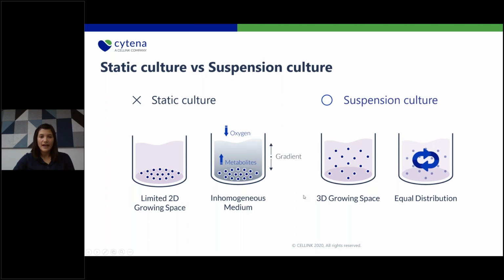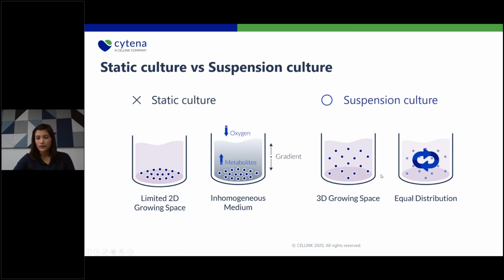So you see the advantages here compared to static culture, where you have a kind of gradient. So there is no mixing of oxygen or nutrients. You have with the C.SIGHT suspension culture with equal distribution of metabolites or anything else.